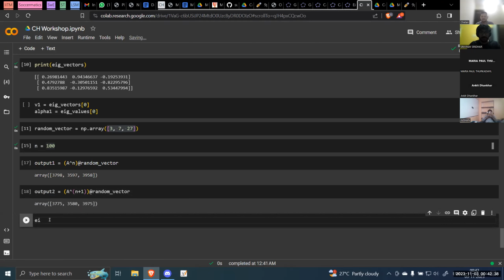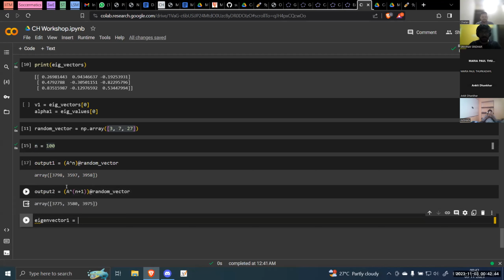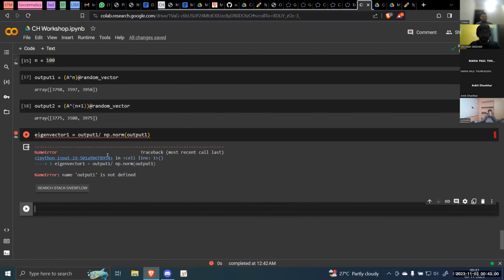Okay, so what I would do, eigenvector. Is there a function for norm in NumPy? Output 1 is equal to output 1 divided by, no, let me check. np.linalg.norm.